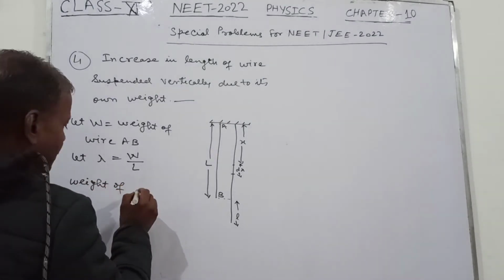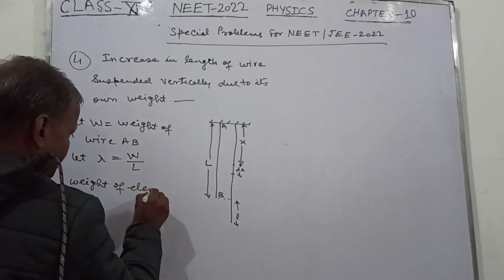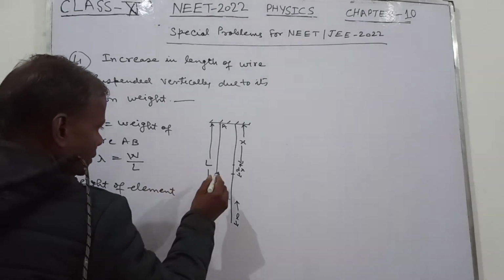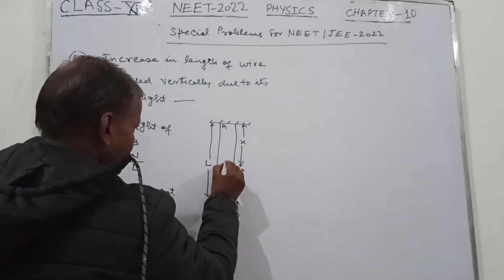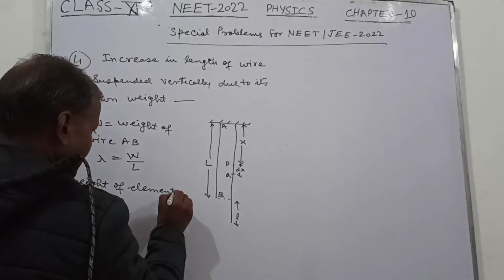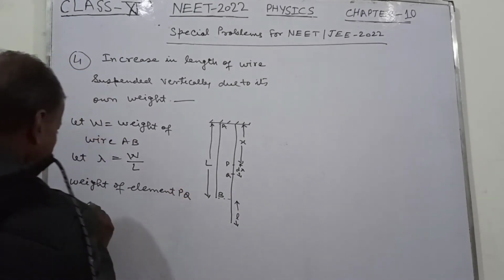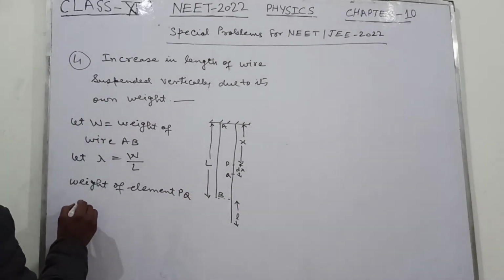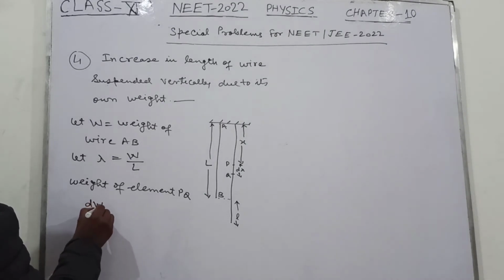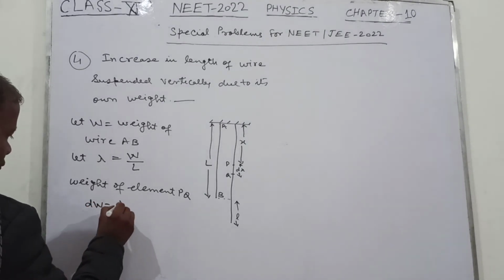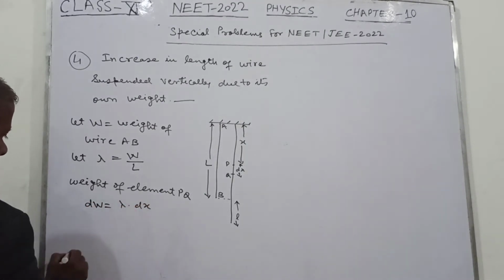Weight of element. Suppose this is element PQ. This is dW. dW equals lambda into dx.